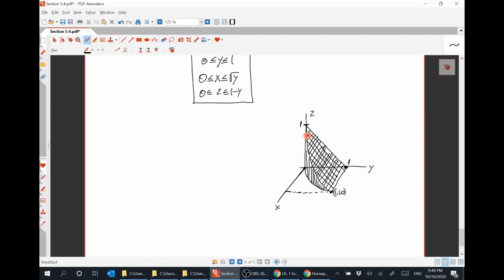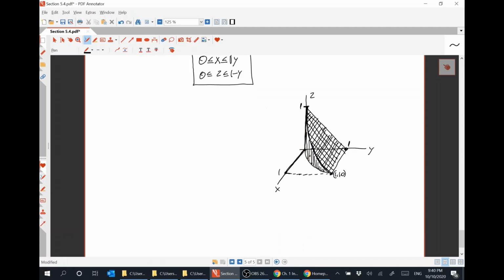Well, basically we need to know what the shadow of this edge here is in the xz plane. I mean, certainly we're going to get the entire bit of the x-axis from 0 to 1, and the entire bit of the z-axis from 0 to 1. But then there's going to be some sort of nebulous something or other going on there.